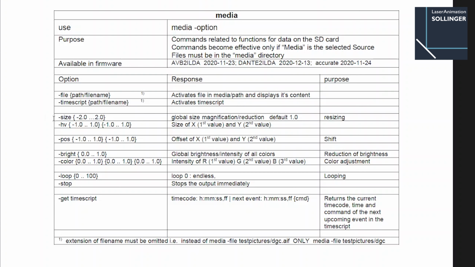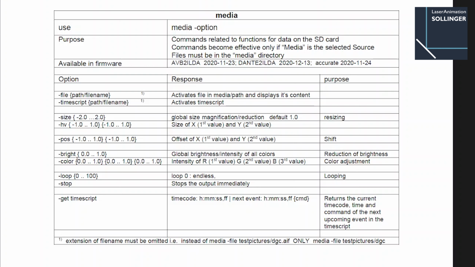As you see with instruction size, it goes from -2 to +2, so that's the global size or magnification reduction, default being at 1. We have again the horizontal and vertical from -1 to +1, so that's the size of X for the first and the size of Y for the second.